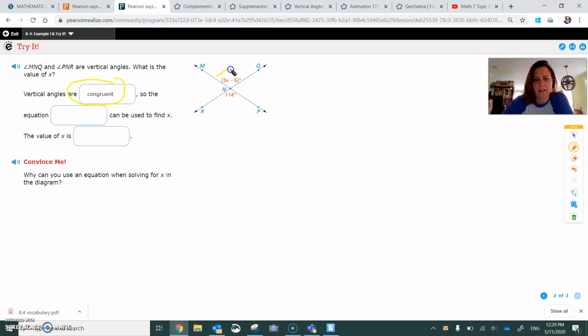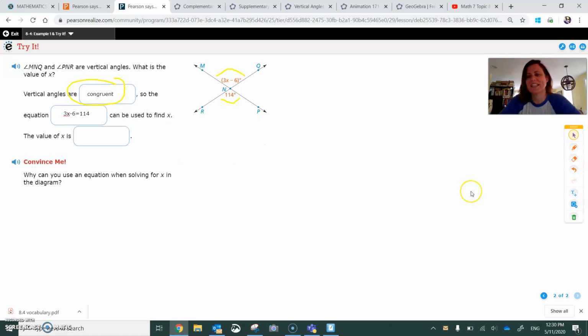So if this angle and this angle are congruent or equal to each other, then that means you could write the equation 3x minus 6, that yellow angle on top, we know it has to equal 114 degrees. There's nothing else that it could equal.